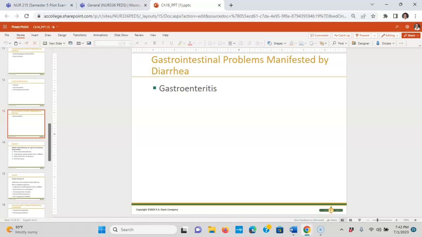The BRAT diet. So bananas, plain rice, boiled potatoes, toast, crackers, cooked carrots, baked chicken without the skin. Don't give unlimited fluid. They're going to vomit. Hand hygiene, hand hygiene, hand hygiene.